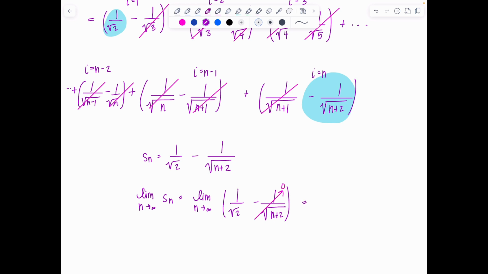So the limit of the partial sums is a finite number. I don't care what it is, just so long as it exists as a finite number. This is actually the sum of my series, and I can say, therefore, it converges. If this limit comes out to be positive infinity or negative infinity, or if it doesn't exist, then my series diverges. Okay? Very good.